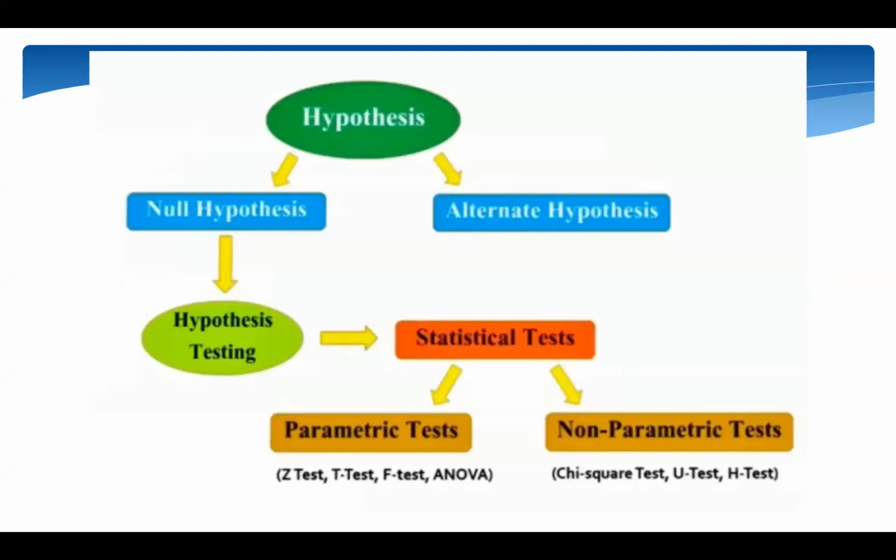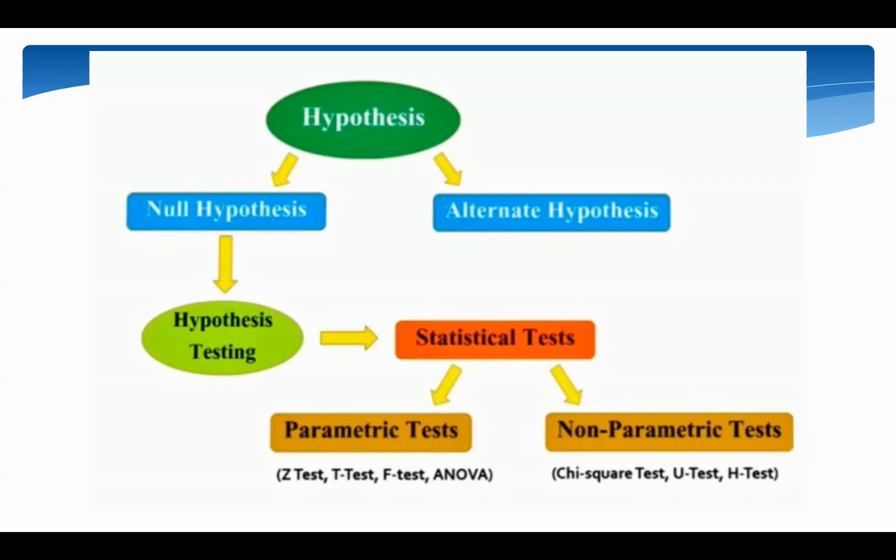So this is the whole story of how we are doing our research. For a population, I want to know about the population. So I decided to take a random sample out of the population. And now I made a hypothesis, a statement about the population, which I need to be verified. To test that hypothesis, I'm going to use some statistical tests.